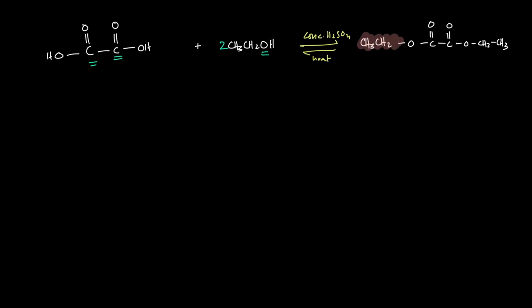The CH3, CH2O from the alcohol. The oxygen atom from the alcohol will bond to the C double bond O from the acid. So this is an example of another diester over here. This is the acid, this is the dioic acid that we had, and this is the alcohol that we had. And if you had to write down the structural formula for this, this is what it would look like.